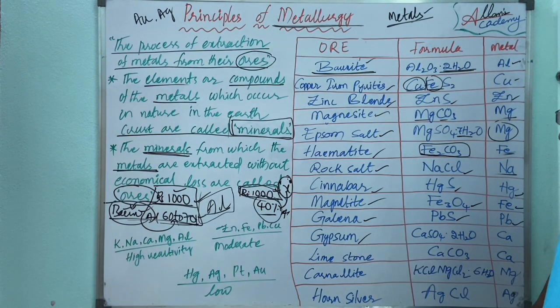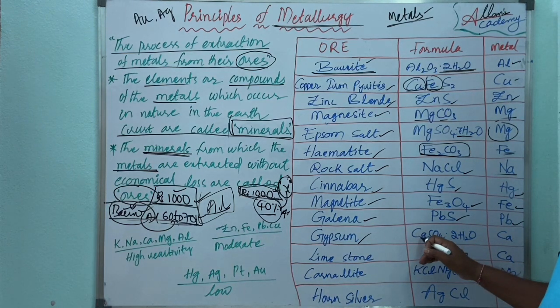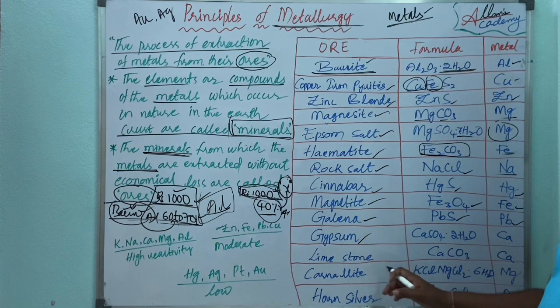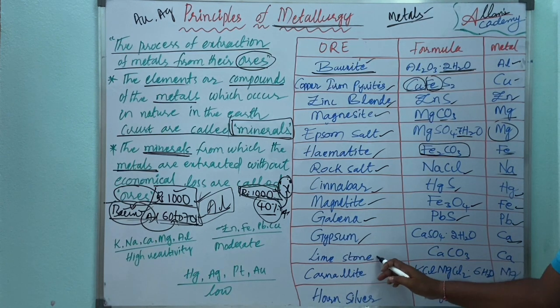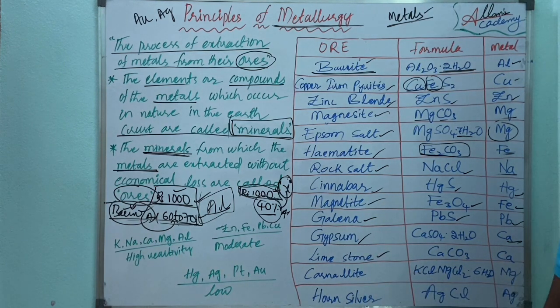And gypsum, formula CaSO4·2H2O. So gypsum is ore for calcium. And here limestone is ore for calcium, its formula CaCO3.